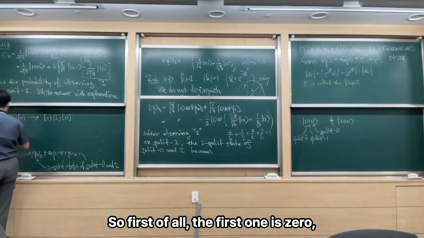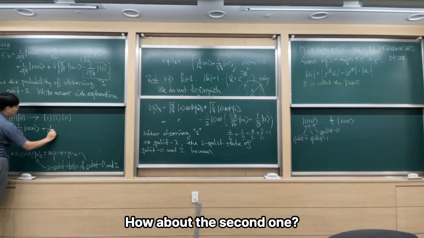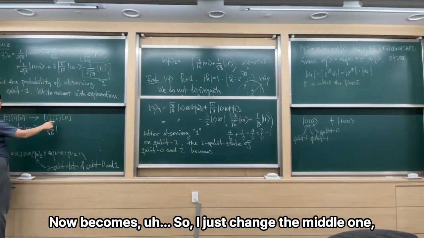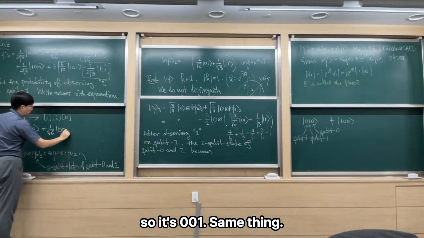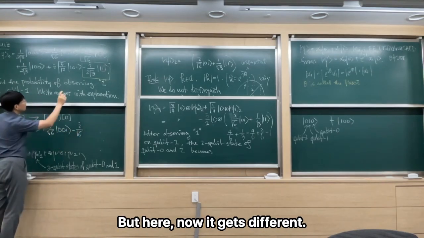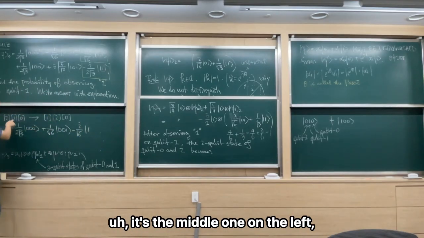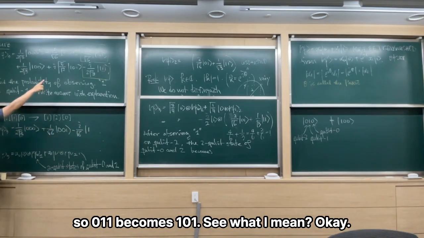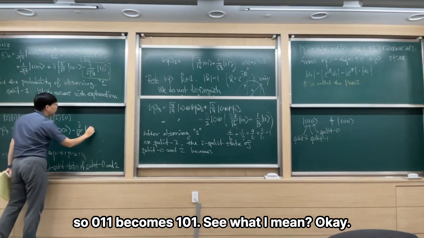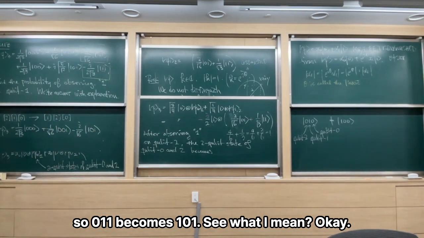First of all, the first one is 000 because they are all the same. How about the second one? Now I just changed the middle one, so it's 001, same thing. But here it gets different. I put the middle one on the left, so 011 becomes 101. See what I mean? Okay.